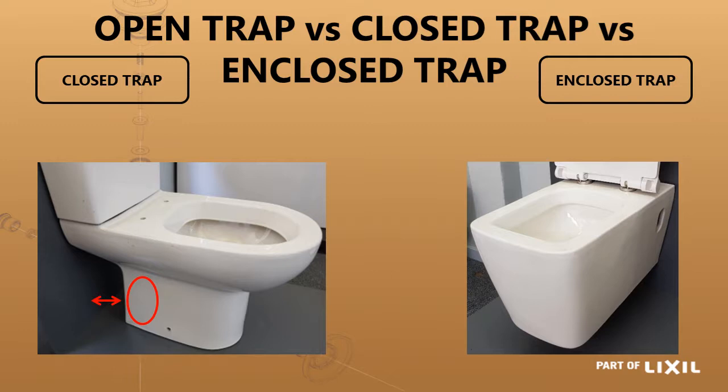Then we go to the enclosed trap pan, where it is completely enclosed and the pan sits flush against the wall. So what's important here is that when you do your outlet connections, make sure that they are watertight before you complete your installation, because you can't access your outlet once that is installed.